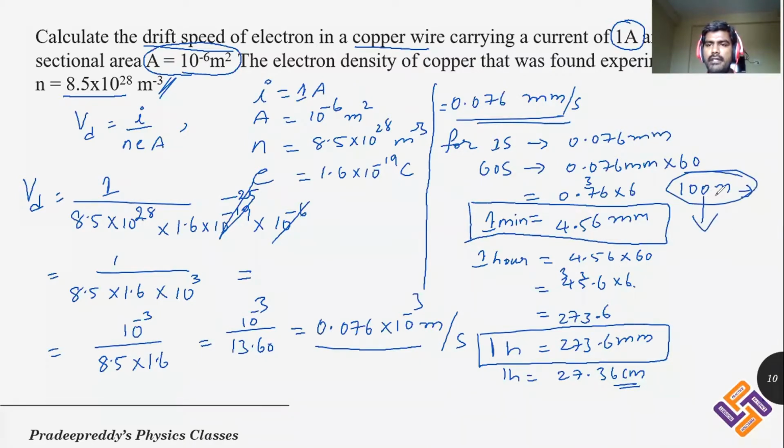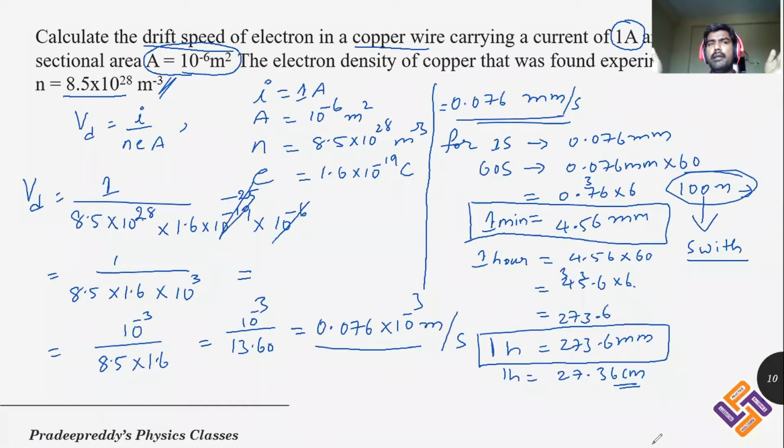If this bulb is at 100 meter and you switch on that bulb, which is connected in the circuit, within 1 second that bulb glows, right? If an electron is taking a very large time to travel 1 meter length, then how does this bulb glow within just 1 second?